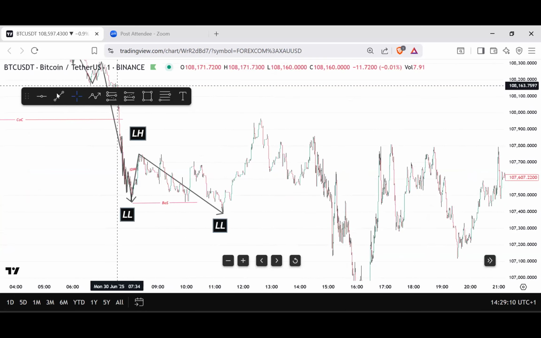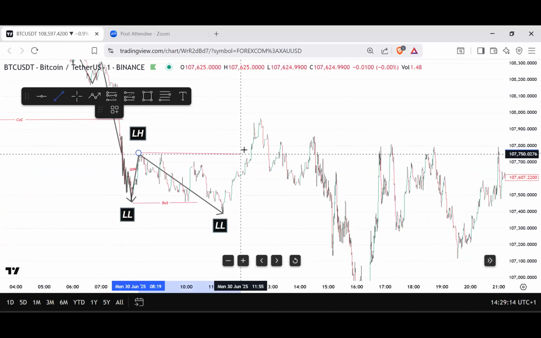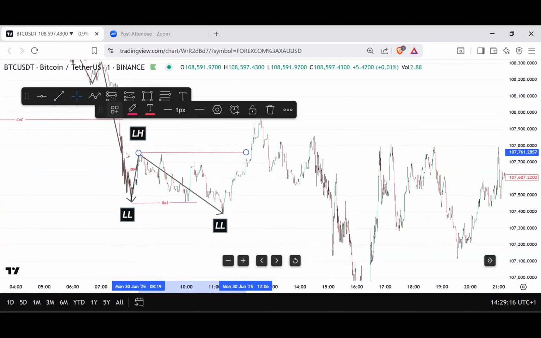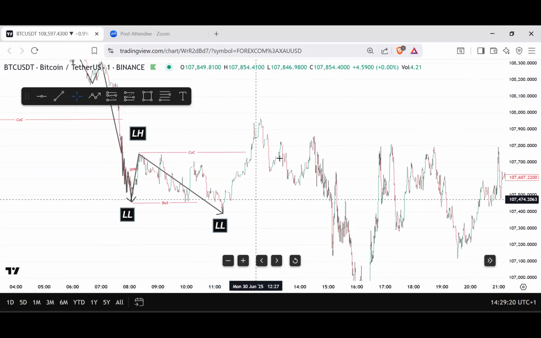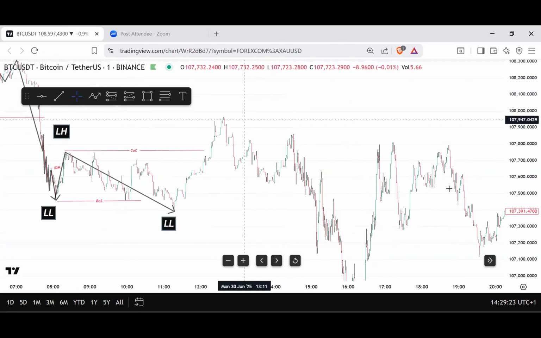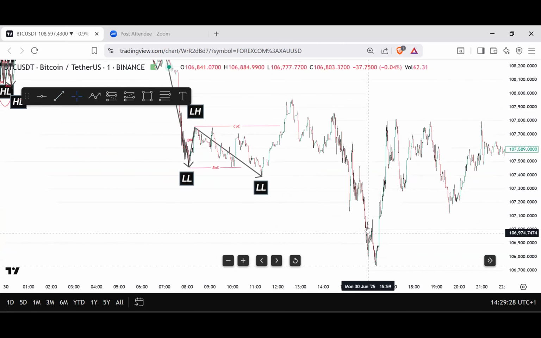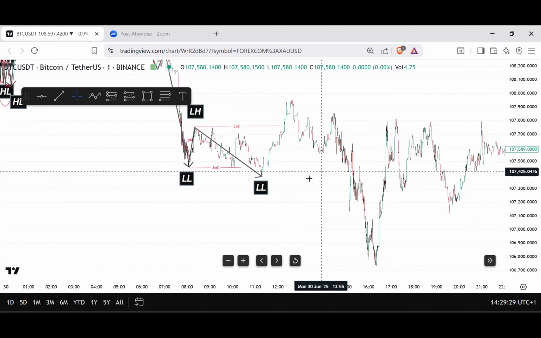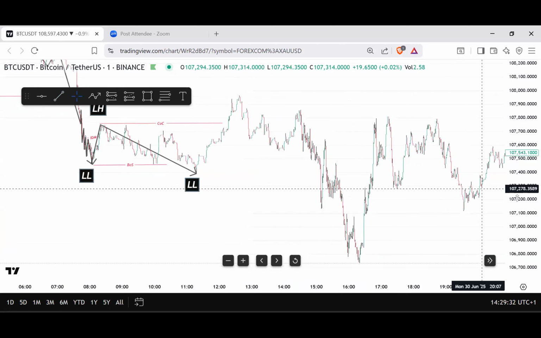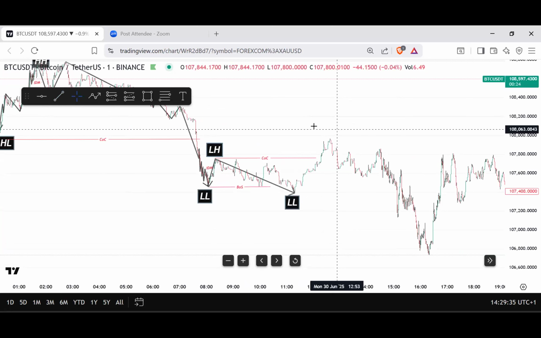See what happened there. The lower high was broken to the upside, but before the break of structure could confirm, the trend continued down, meaning that this lower high was bad there.